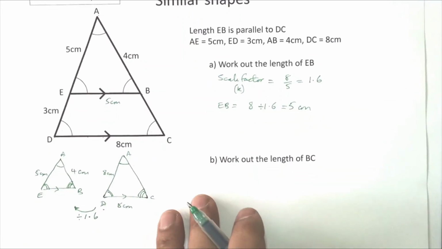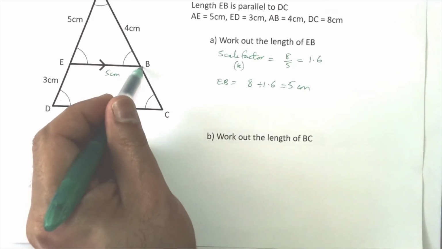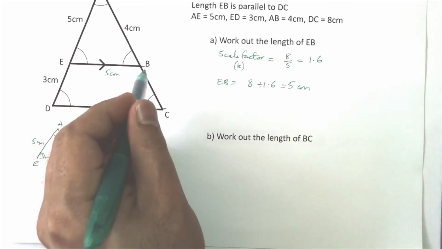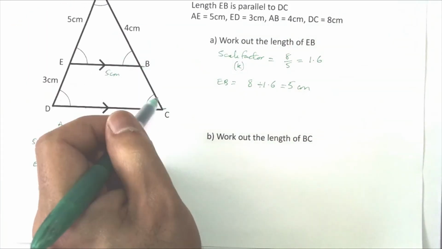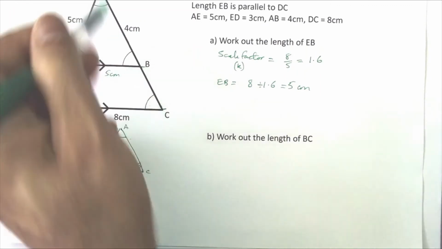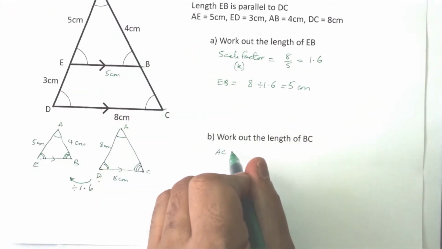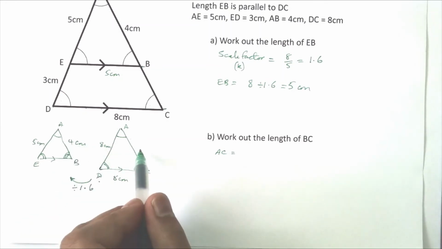For the next part, length BC. BC is from there to there, so it's part of AC. So for the first step in this question, I'm going to work out the full length of AC. AC is equal to 4 times the scale factor.